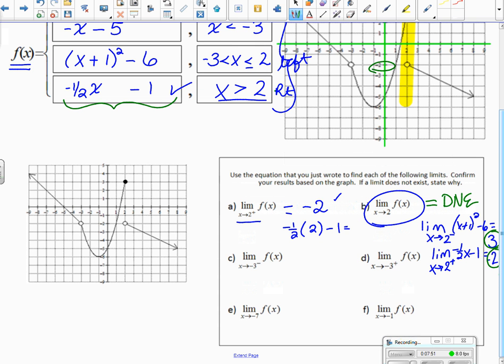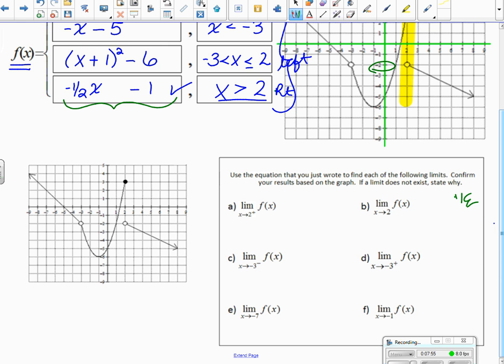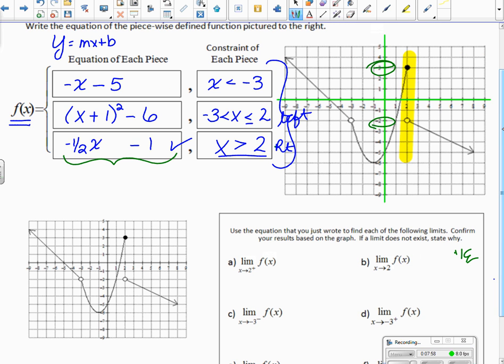Okay, coming into negative 3 from the left. What category did that fall in? Well, that's going to be this first rule, so I'm going to be paying attention to this rule because I'm in this category. I want negative 3 coming in from the underside, where x is smaller than negative 3. So I'm really going to be following the limit as x approaches negative 3 from the left, following the rule written for that band.